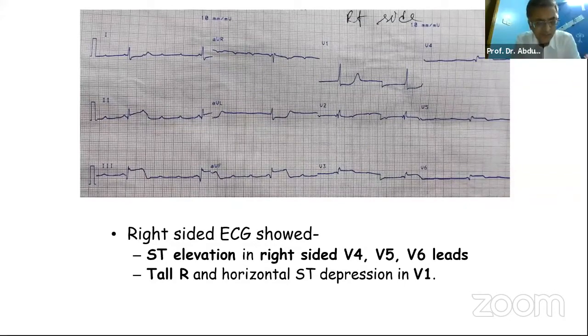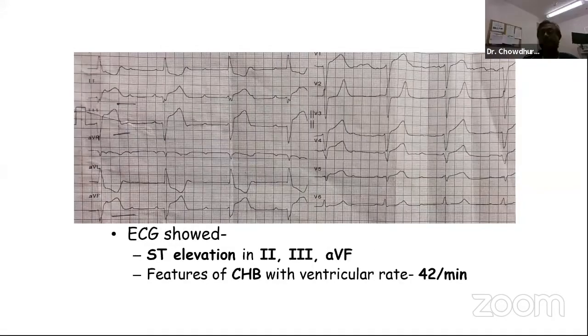As I always say, there are two parts: the ST elevation part and the MI part. The patient is clinically behaving like MI, and then the ECG is showing left bundle pattern morphology.